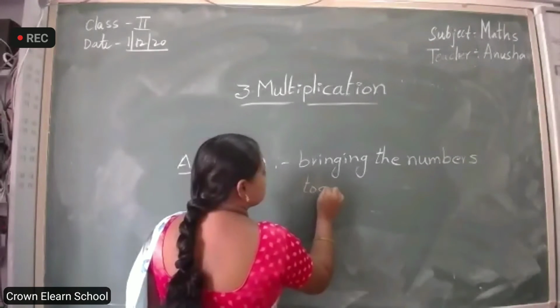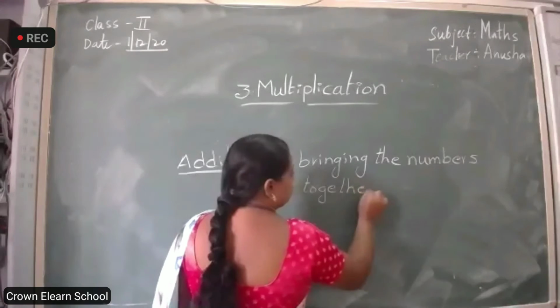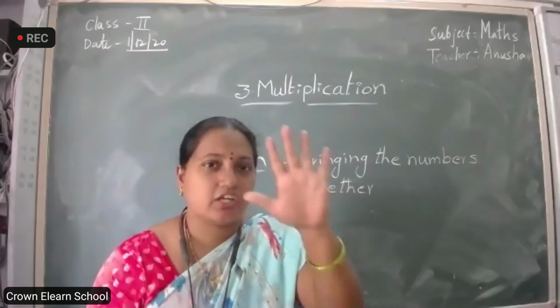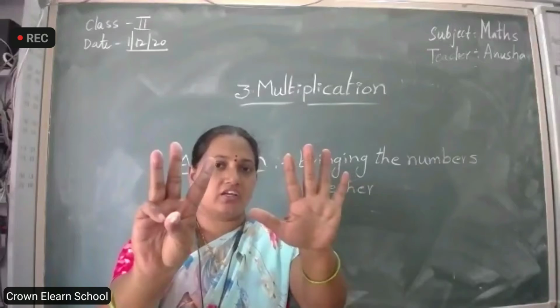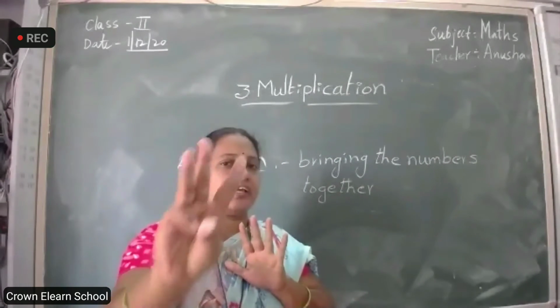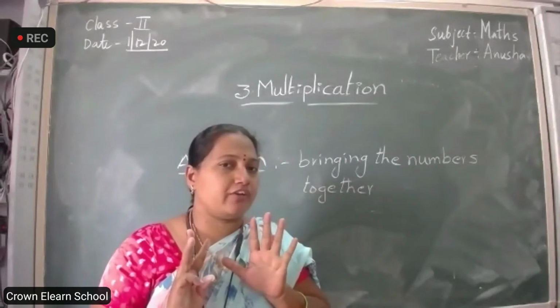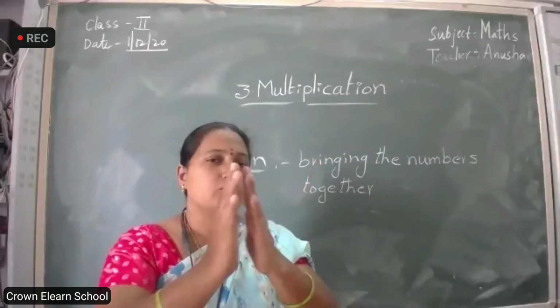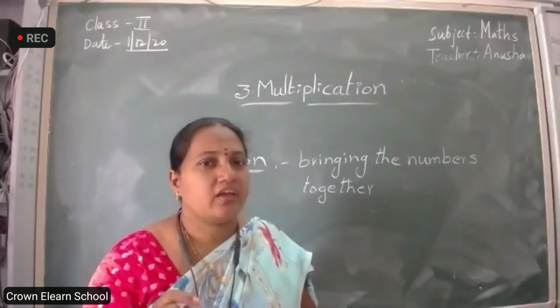Bringing the numbers together. Addition means bringing the numbers together. 5 and 3. So already you have 5. From your friend, how many you are getting? 3. So total how many you have? 8. Okay, Nana? Bringing the numbers together is nothing but an addition.